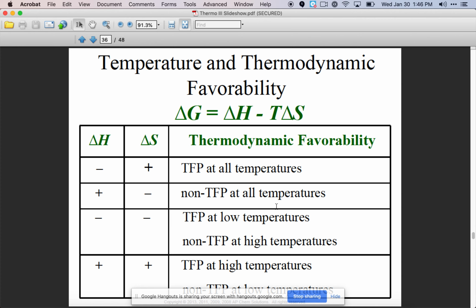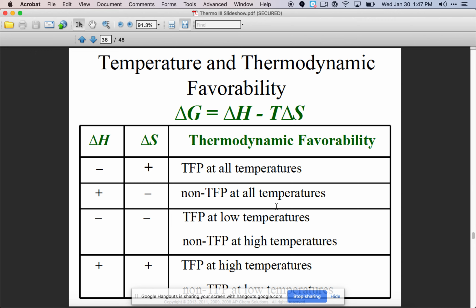Lots of times we're trying to find reactions that go on their own and they do work, but when they're not negative for Gibbs free energy, we have to put work into the system to make them happen. Does that sort of answer your question, Zoe? Yeah. So if the Gibbs free energy is positive, the reaction can't occur spontaneously, and it needs like an outside force to make it work. Yes, I like that. Very good.